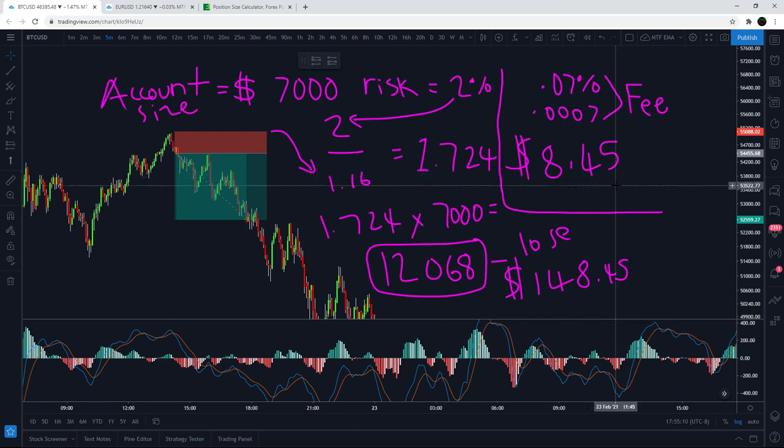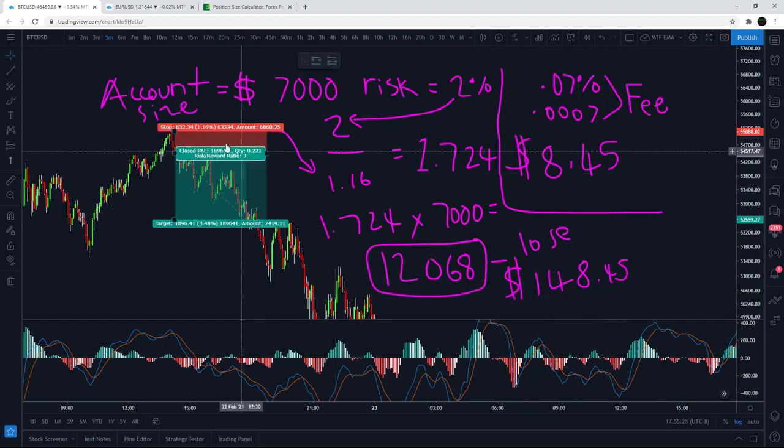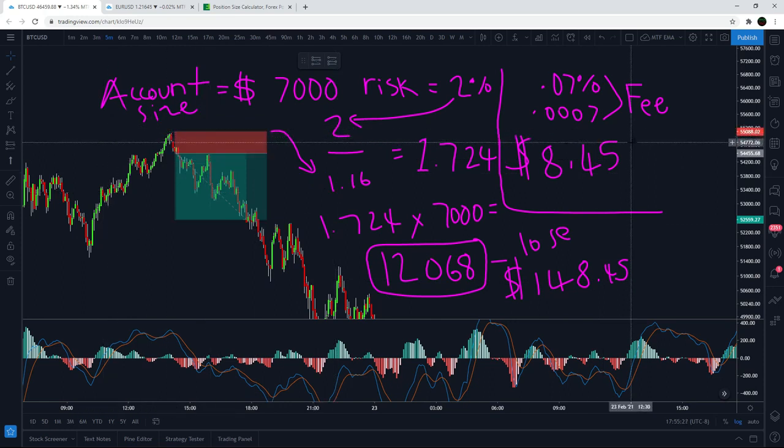So that's your fee. You're paying $8.45 to take this position, meaning instead of only risking $140, you would actually be risking $148. That's how much you would lose if your stop loss got hit here, because you got to pay the fee.